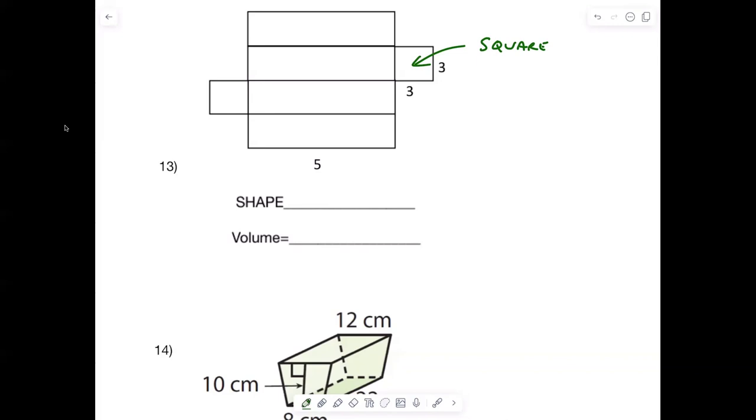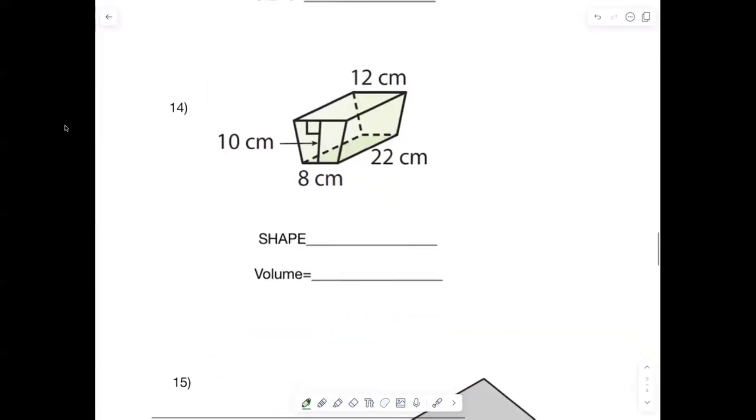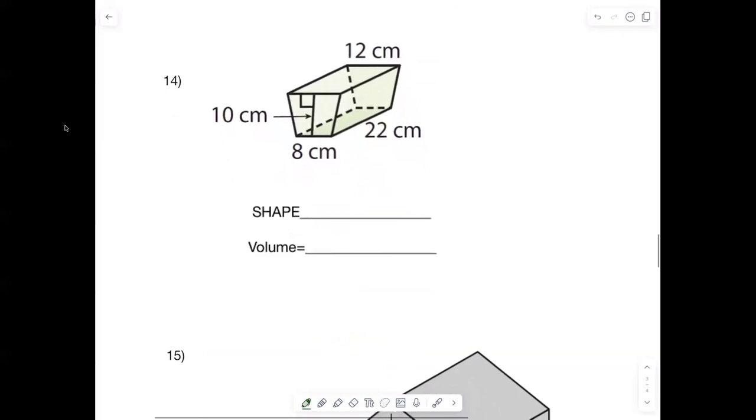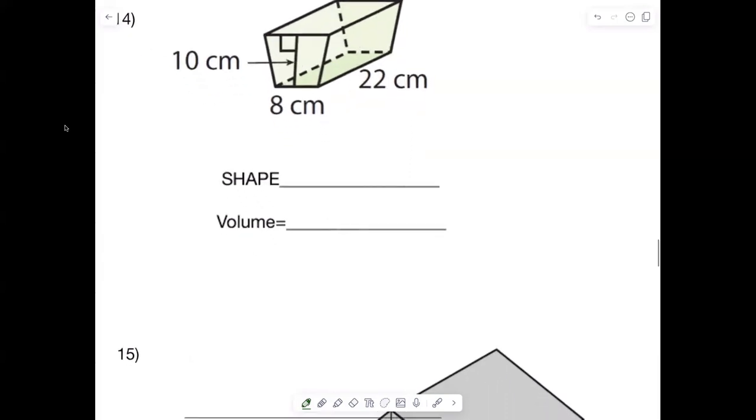All right, so no one. Come on now. Everybody's looking at 14. Come on now. What is that shape? Wow, very smart. That's exactly right. So we don't call it a trapezoid, we call it a what kind of prism? Stop. You just said the answer. Now you're changing it from trapezoid to rectangle.